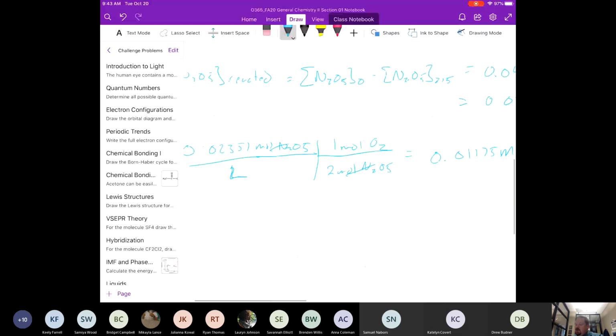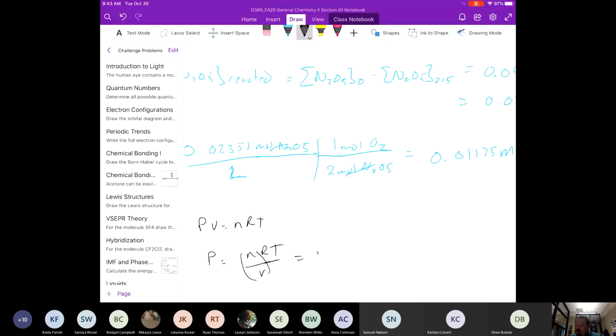So that means we have to use, again, PV equals nRT, where now we want the pressure, which is nRT over V. That value n over V is the molarity.